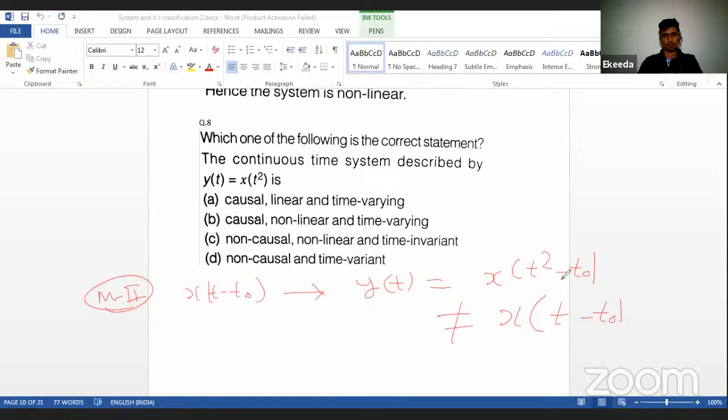Okay. This is not equal to this now. So this is time variant.